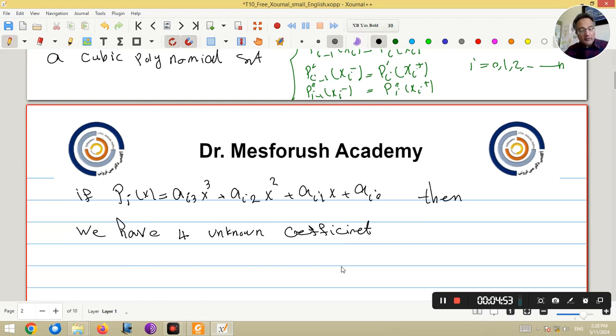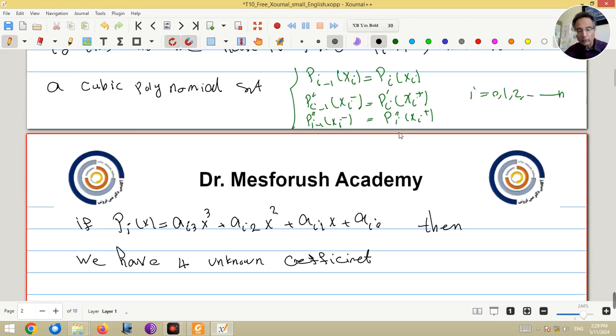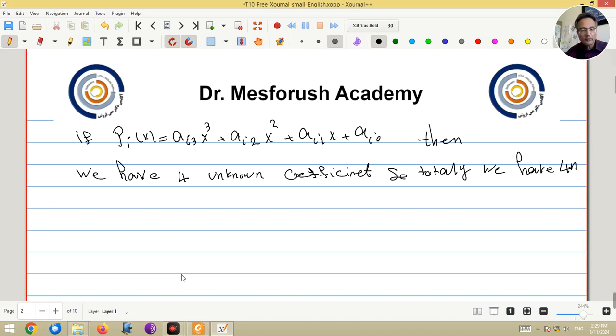Because this polynomial should be computed for i from 1 to n, totally we have 4n unknowns.